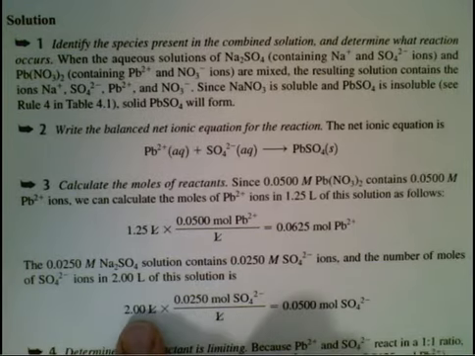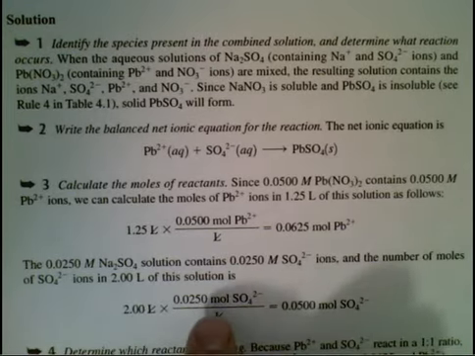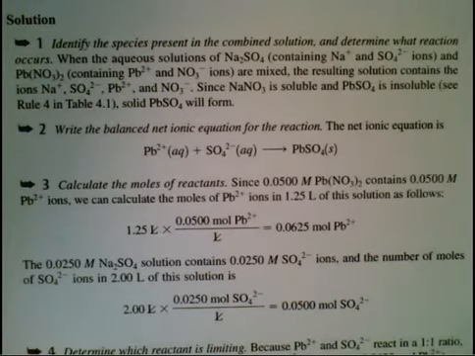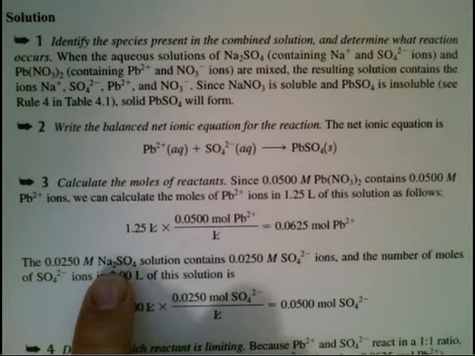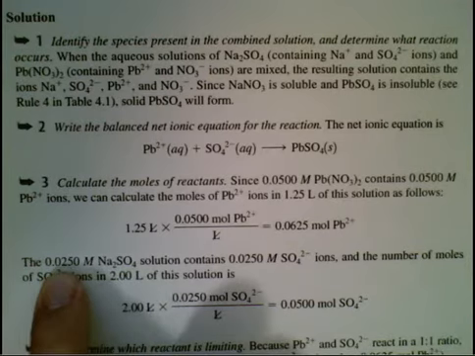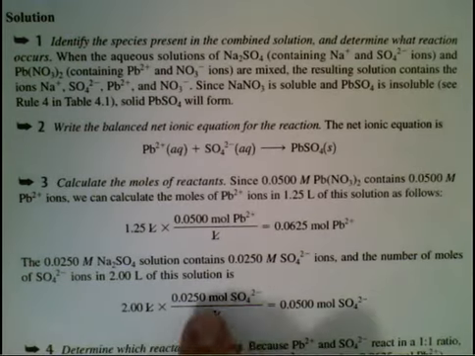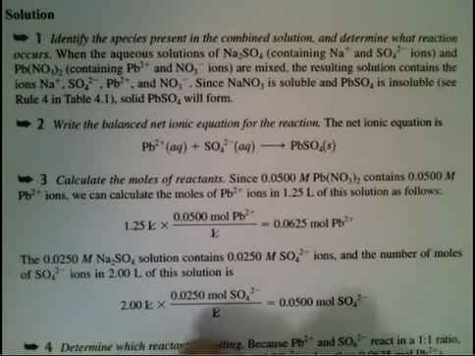You got the 2 liters. We're multiplying it by the molarity of the sulfate ion. Again, for every single unit of the sodium sulfate, there's only one sulfate. So we simply take the molarity of the overall unit, and it's the molarity of sulfate. That is 0.025 moles of sulfate over 1 liter. And that gives us 0.0500 moles of sulfate.